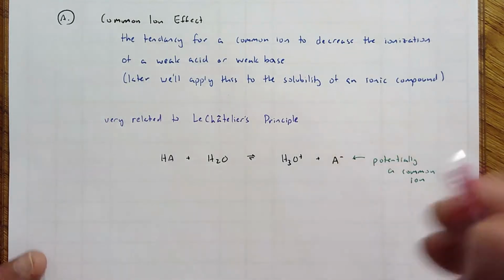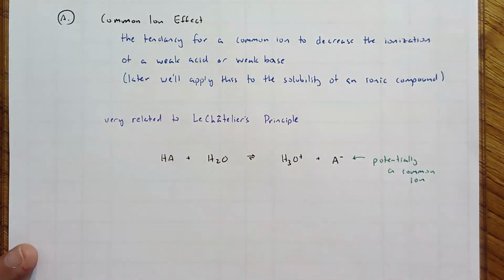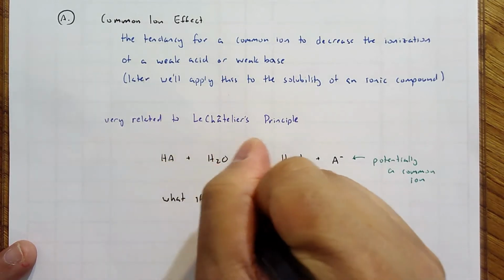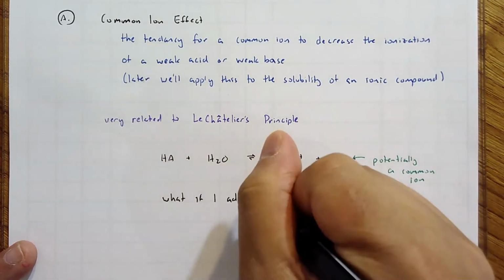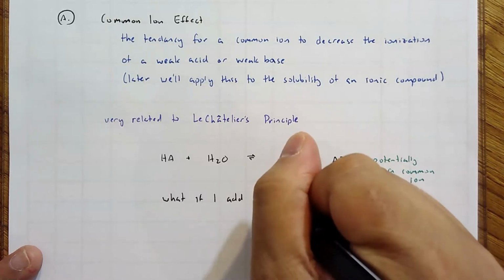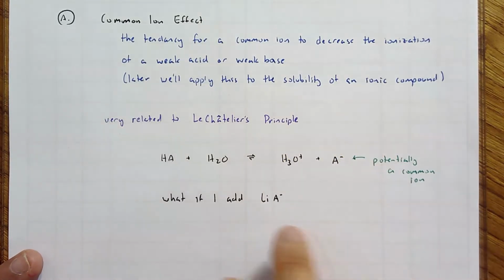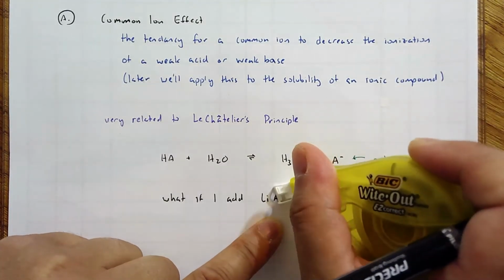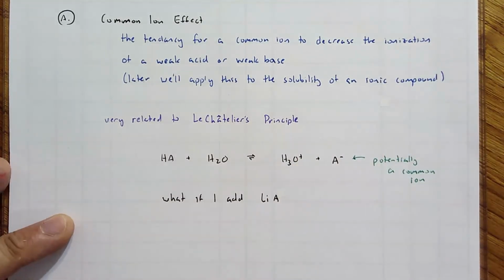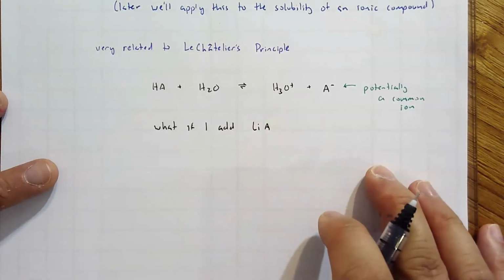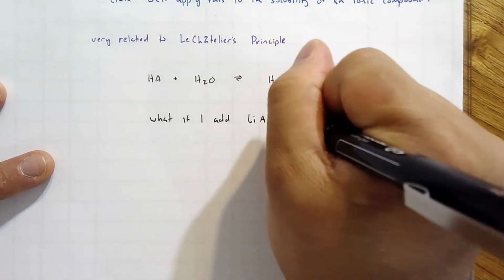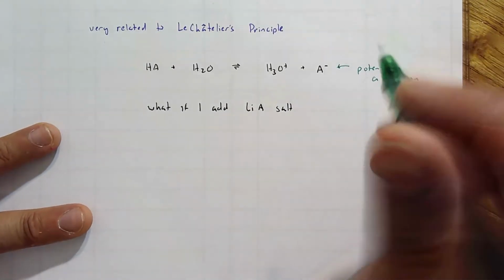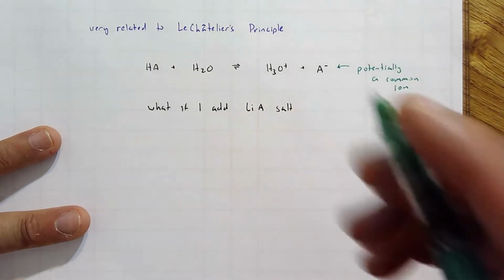Because what if I add, let's say, lithium plus the anion. So it's a salt, and it's neutral because lithium is +1. In this case, anion is -1. You are going to understand that any lithium salts fully dissociate.